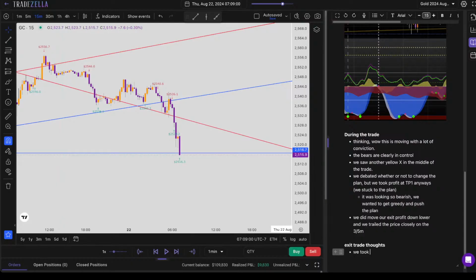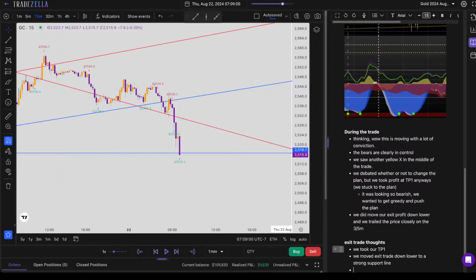We took our TP1. We moved our exit trade down lower to a strong support line. Trailed the price action on the 3-5 minute.